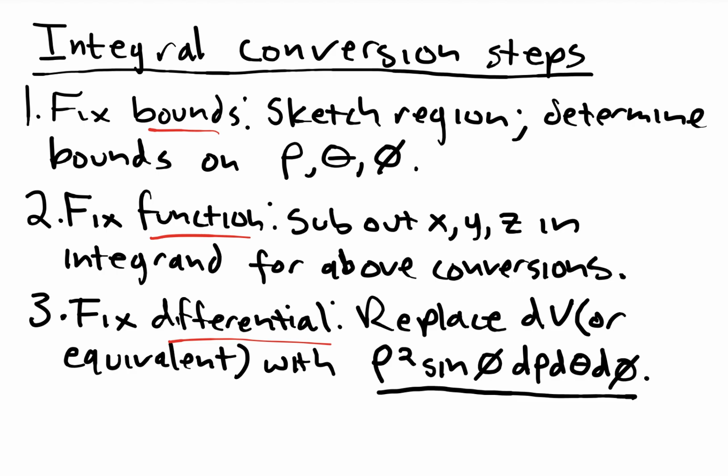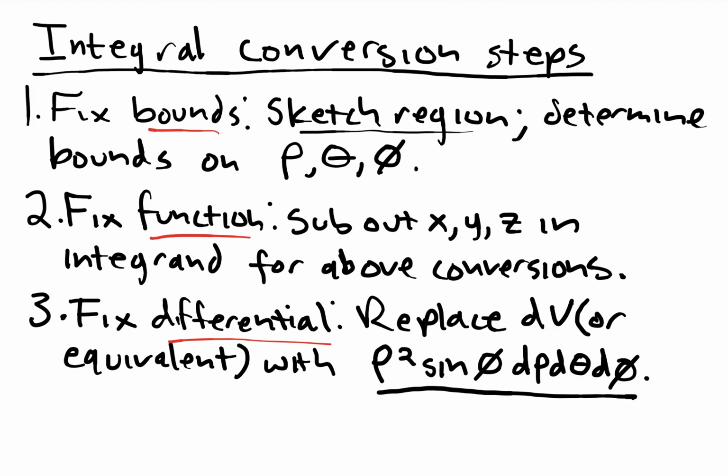You are going to have to develop some sort of spatial reasoning for what that region looks like. So I would highly suggest trying to sketch it to figure out what surfaces you have, or if you're given equations, be able to recognize the equation for a sphere or a cone when you see it. That'll help you figure out what these bounds on rho, theta, and phi look like.